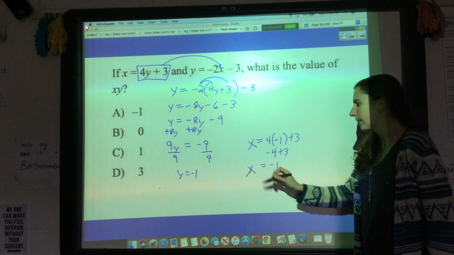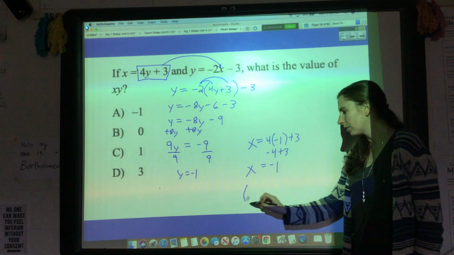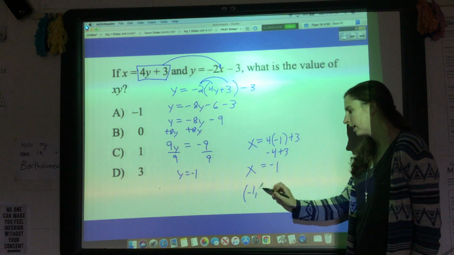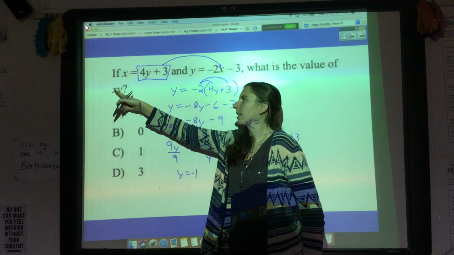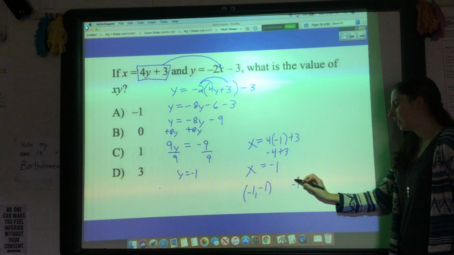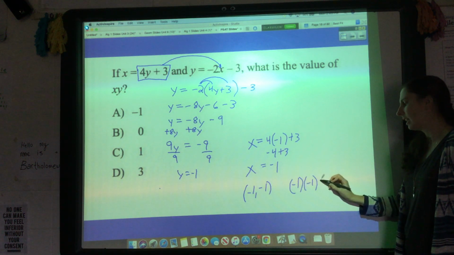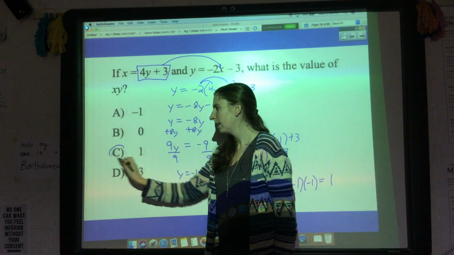So that's x, and this is y. So the answer of the coordinate pair would be negative 1, negative 1, but that's not what it asked. It asked for x times y. So if I do negative 1 times negative 1, that's actually positive 1. So the answer would be C.